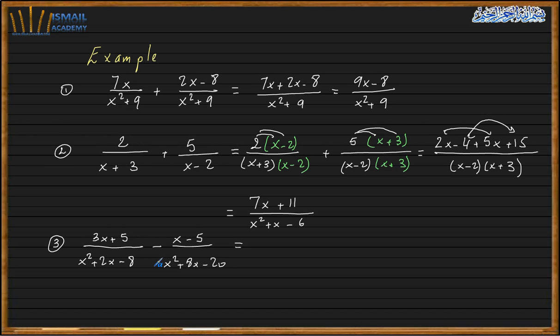The denominators are not the same, so we factor, because sometimes we cannot factor, so that means we have no choice. Let me factor. This is 3x plus 5 over x minus 2 times x plus 4, minus x minus 5 over x minus 2 times x plus 10.